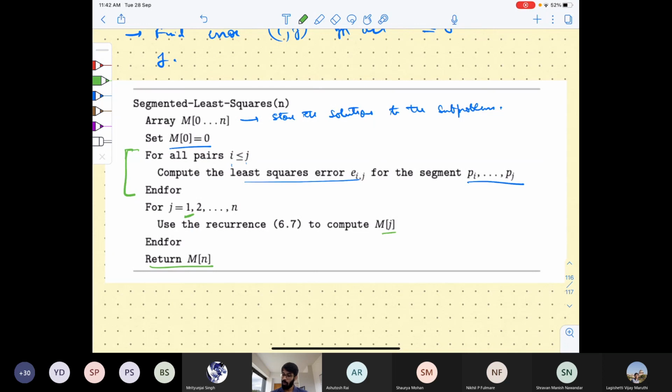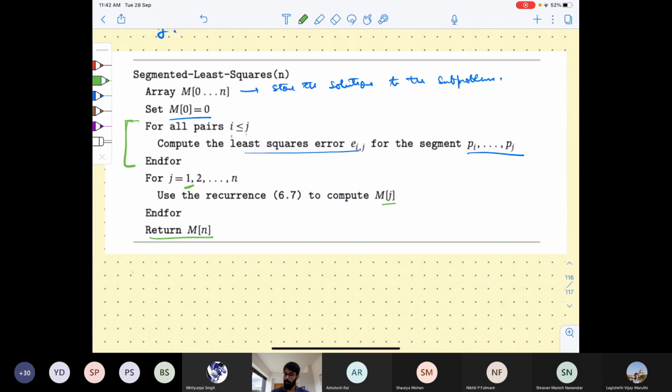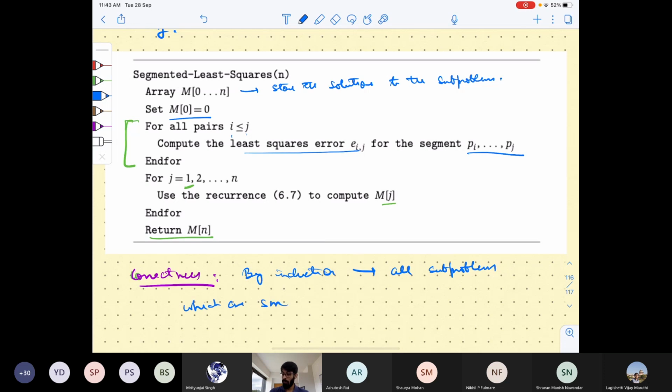Okay. So the correctness can very easily be shown, again, by induction. By induction, you'll say that all subproblems which are smaller are computed correctly.